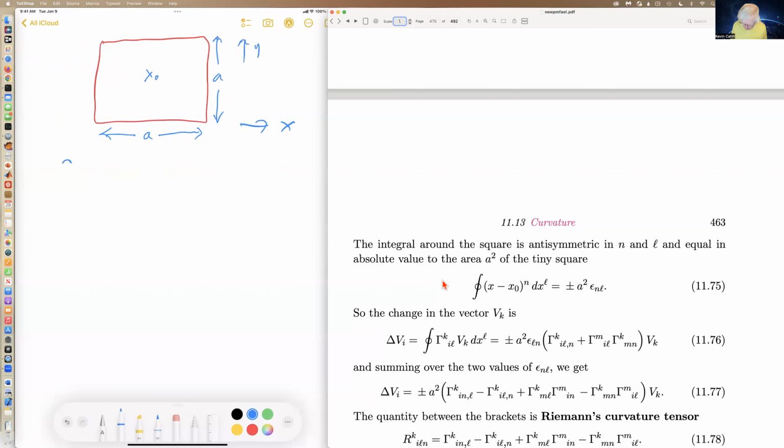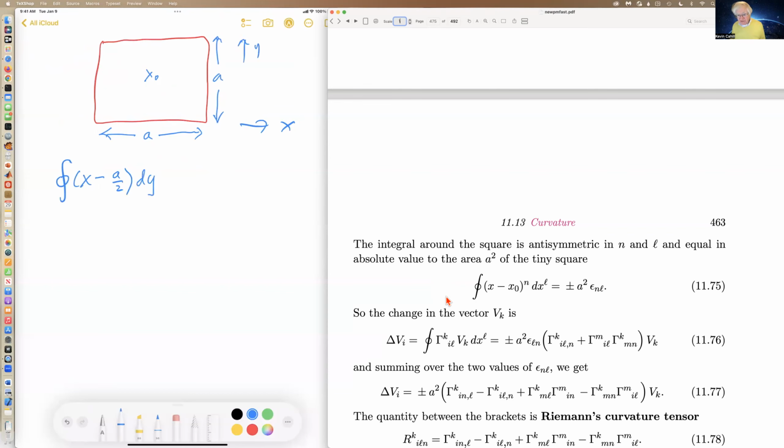So I'm going to be integrating the distance, let me say x minus the center of the square, which is at a over 2, times dy.